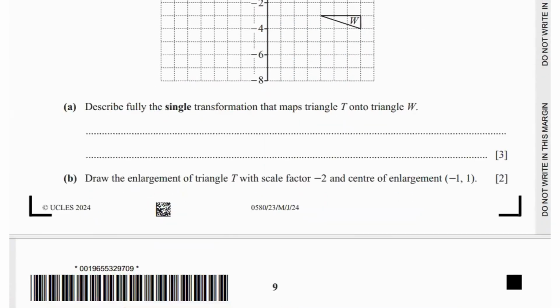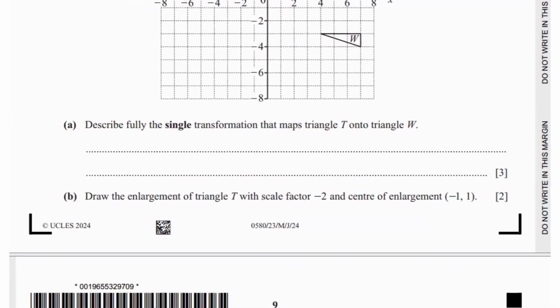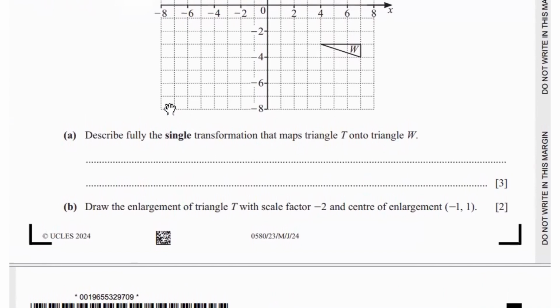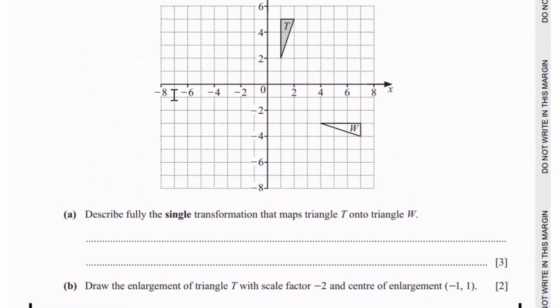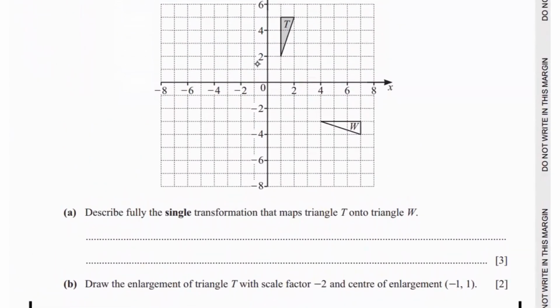Second, it says draw the enlargement of triangle T with scale factor -2 and center of enlargement -1, 1. So -1, 1 is over here, and the scale factor is -2. If the scale factor is -2, the shape is going to be over here in the negative quadrant.